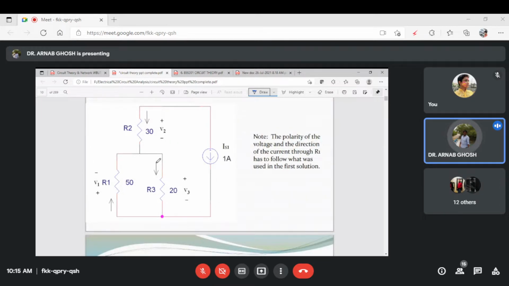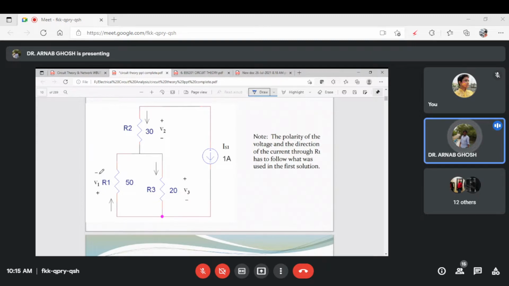Now the direction of current was in this direction. This was the voltage, this was the flow of current. What did I say? The polarity of the voltage and the direction of the current have to follow what was used in the first solution. So this will be constant. This is the flow of current through R2, this is the flow of current through R3, and this is the flow of current through R1.